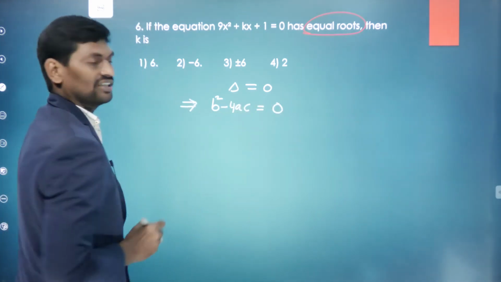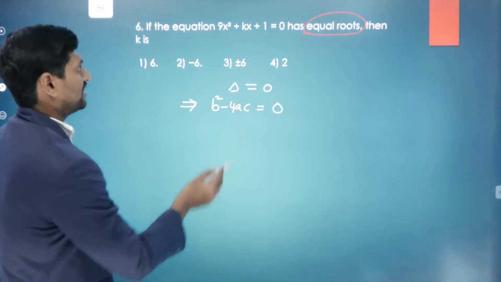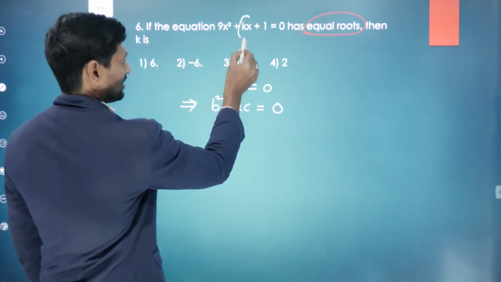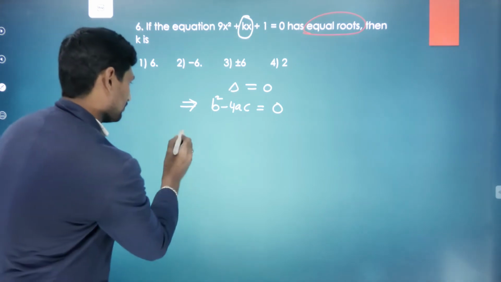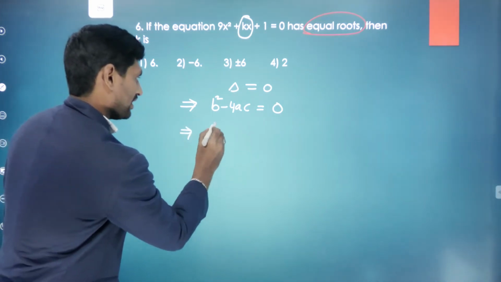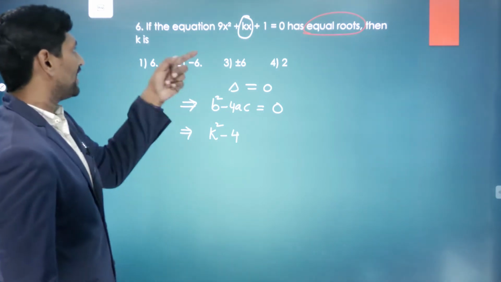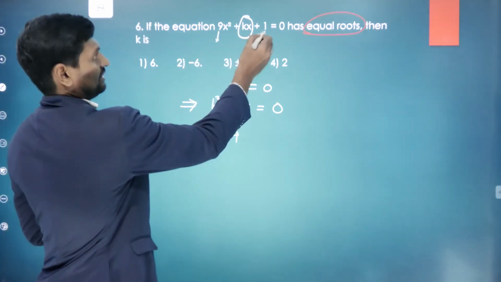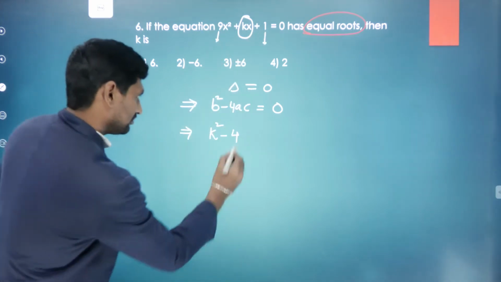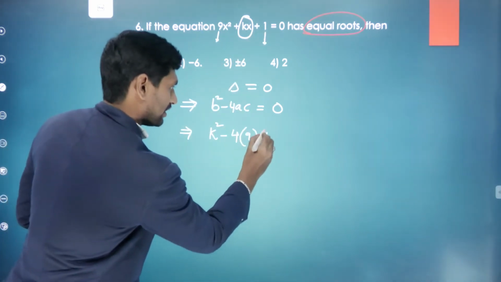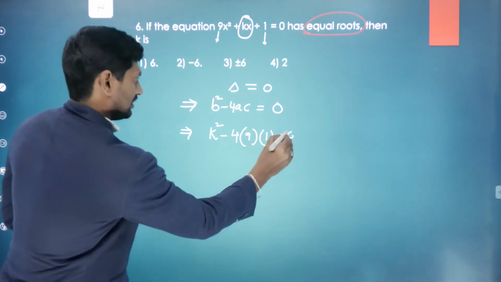Substitute the values. B value is nothing but the x coefficient. X coefficient is k. So k square minus 4 into a into c. A value is 9. C value is 1. 9 into 1 equals 0.